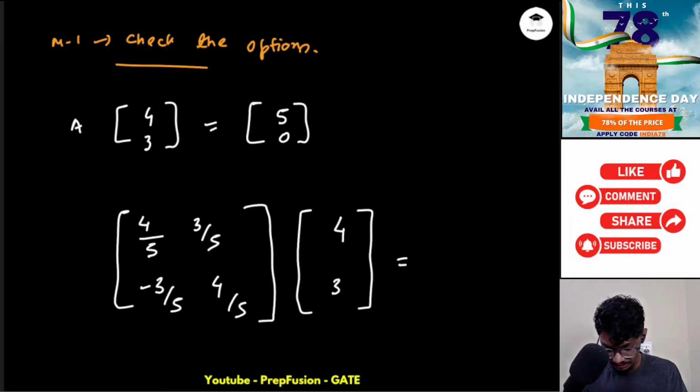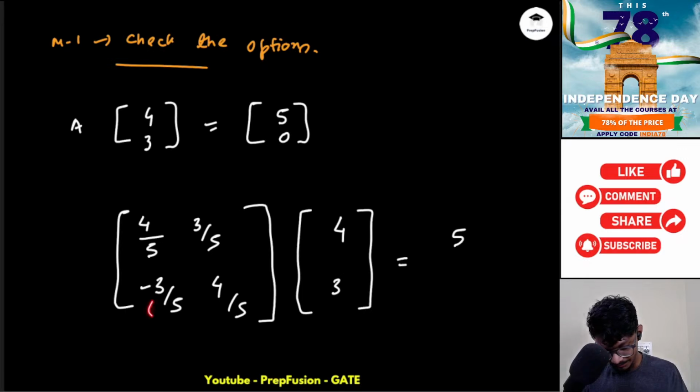So this will be 16 by 5 plus 9 by 5. So this will be 25 by 5, which is 5 itself.